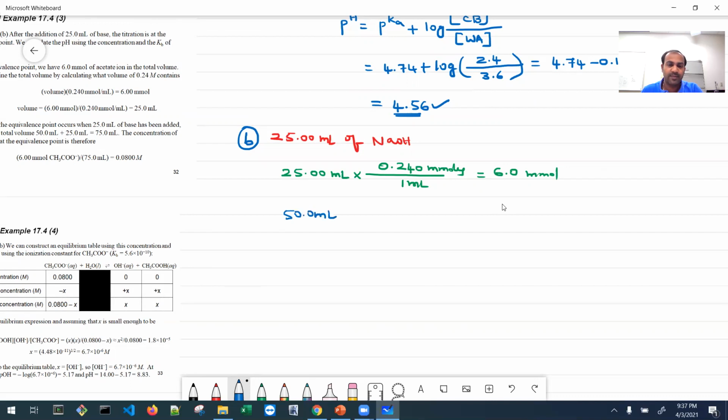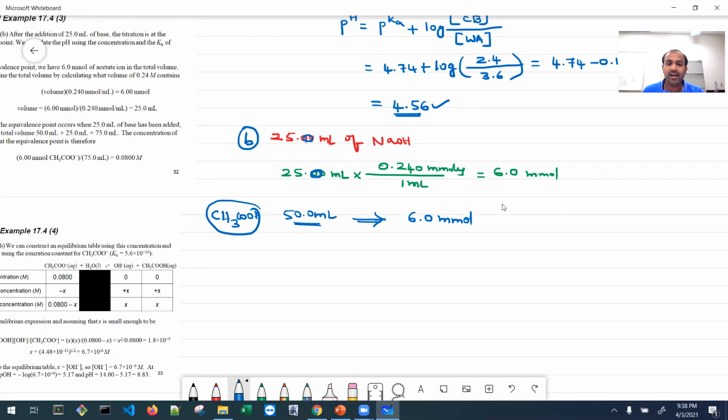This is regarding the acid. We have in a flask 50 milliliters of acid, and the number of moles is 6.0 millimoles. We did it in our previous problem.